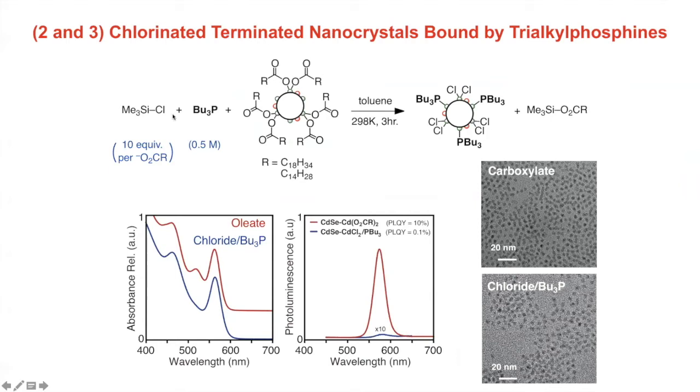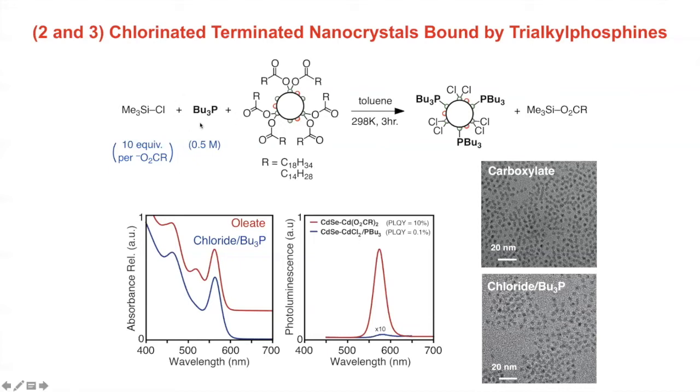You can use reagents like chlorotrimethylsilane to cleave off the carboxylates, producing these trimethylsilyl esters of carboxylic acid ligands. And upon exchanging the cadmium oxygen for a cadmium chlorine bond and producing this byproduct, now the particles become insoluble because you've cleaved off the organic material that is helping them to disperse.